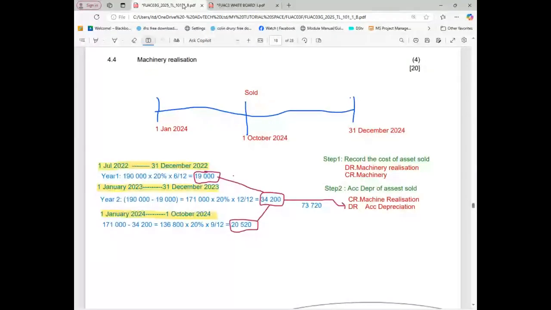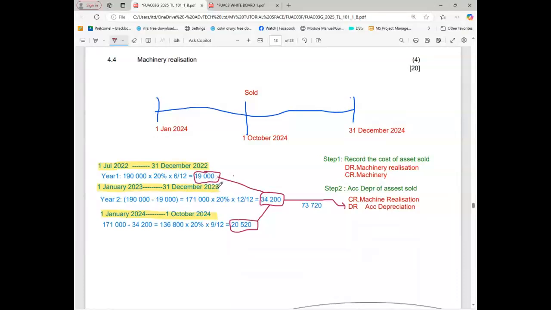Now, when I was calculating accumulated depreciation, remember this accumulated depreciation here? Can you see, 2 years were before the beginning of the year. Which years are that? The ones that were before this year. It would be 2022 and 2023.